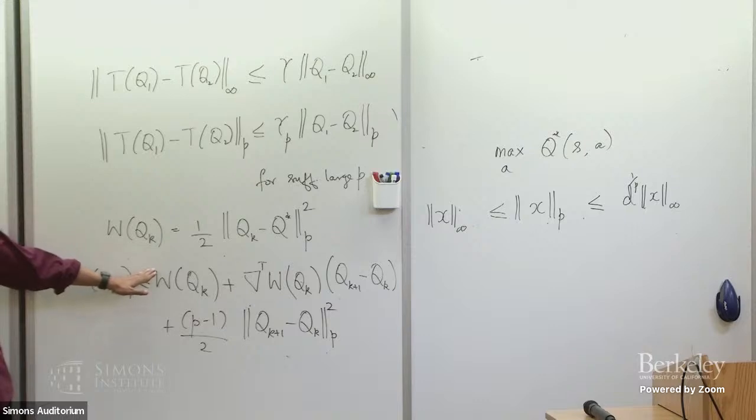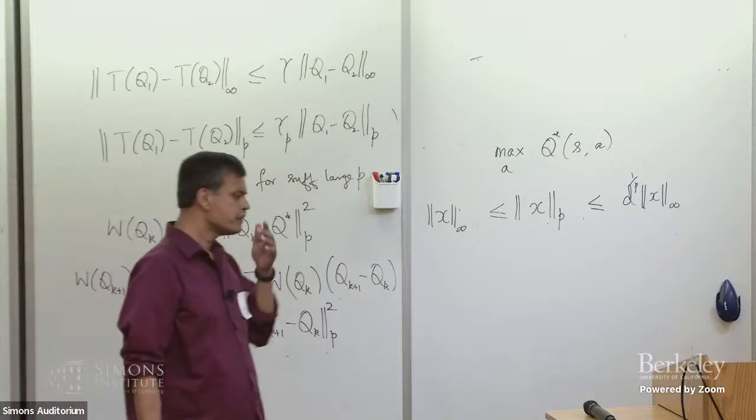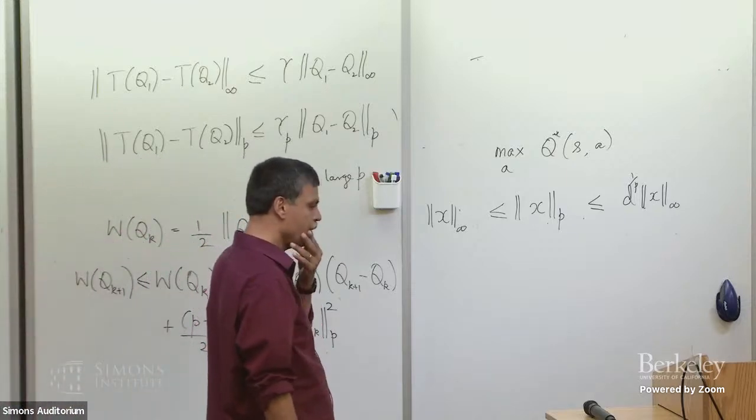It doesn't matter if it's equal to or not. This morning it was equal to. So now I have a less than or equal to. But everything else works. So you can essentially go through the identical analysis that we did this morning. The factor P will show up somewhere in the result.